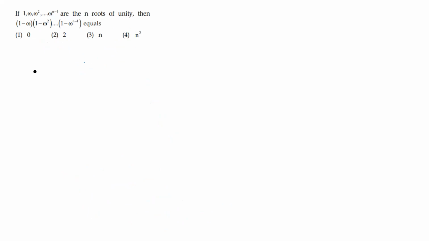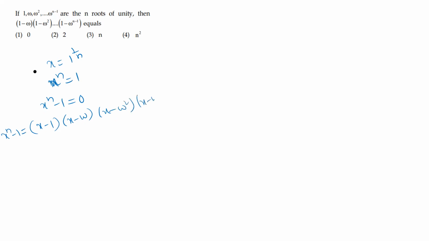Next, 18. 1, omega, omega square, omega power n minus 1 are the nth roots of unity. Nth roots of unity means x is equal to 1 power 1 by n. Now if you take the nth power, what will we get? x power n is equal to 1. From this, x power n minus 1 equals 0. If you make factors for this, what are the factors? x power n minus 1 is x minus 1 into x minus omega, x minus omega square, x minus omega cube, and so on, x minus omega power n minus 1.